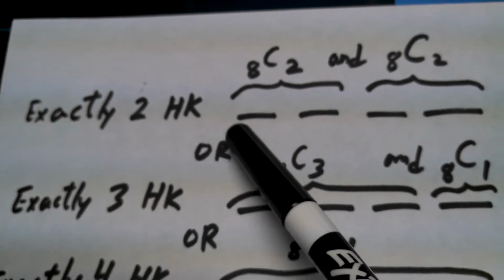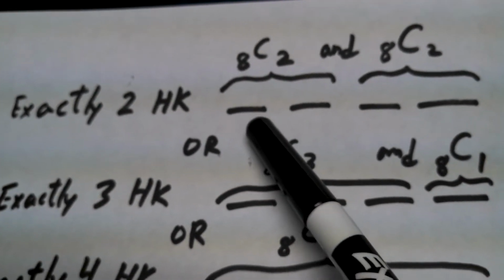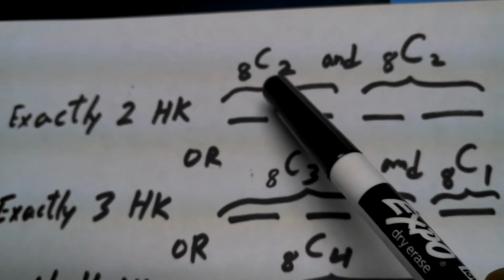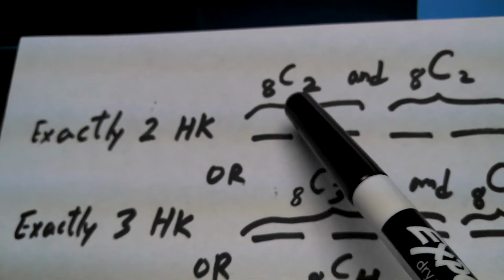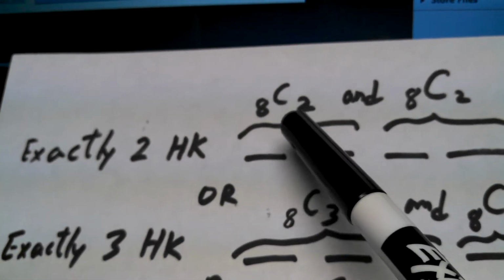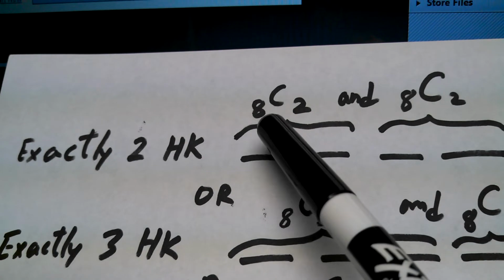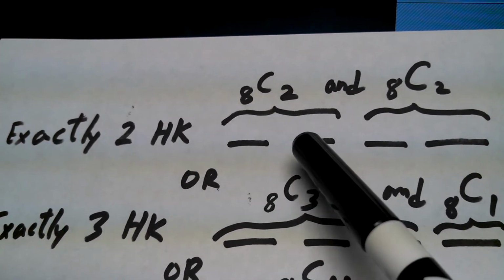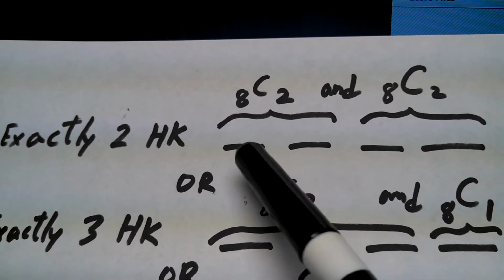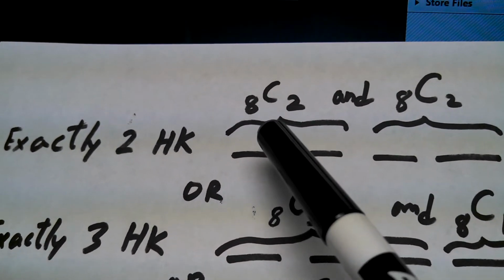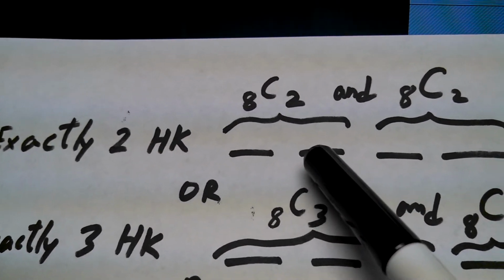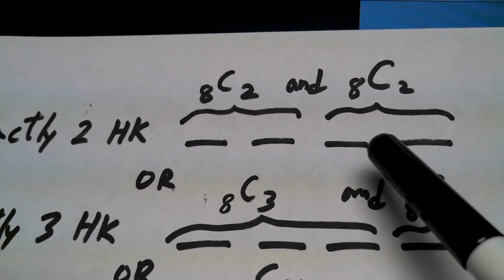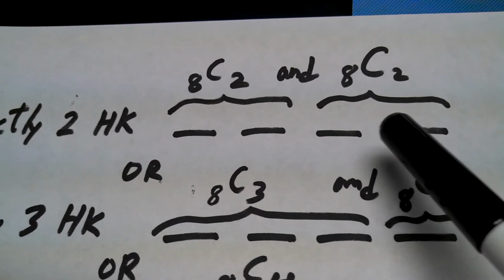If we have exactly 2 housekeepers, then the first 2 blanks are for the housekeepers. We're looking at the number of combinations of 8 things taken 2 at a time, because we have a total of 8 housekeepers, and we're taking them 2 at a time. For the next 2 blanks, we can have desk clerks or maintenance workers.